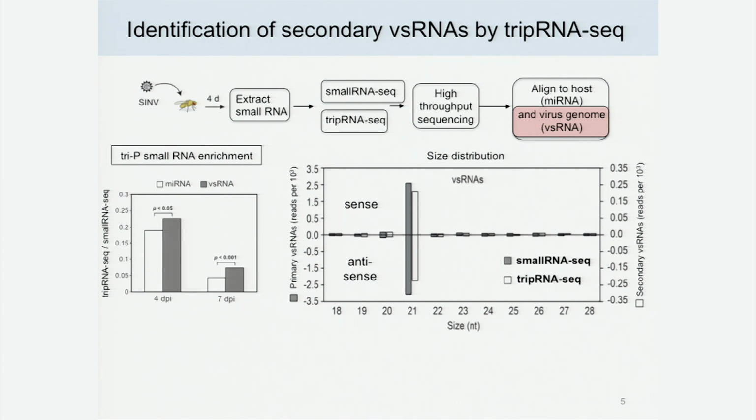And when you look at the size distribution of these sRNAs, you can see that here in white, the triphosphorylated small RNAs have the same size distribution as normal sRNAs, which is, of course, 21 nucleotides. And they also map from the sense and the antisense strand of the virus.